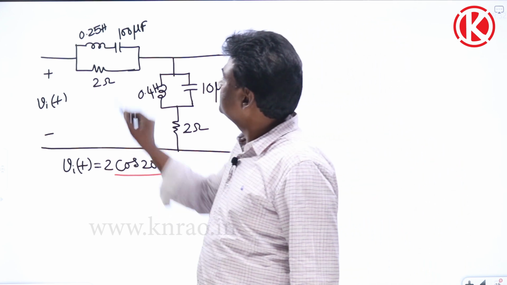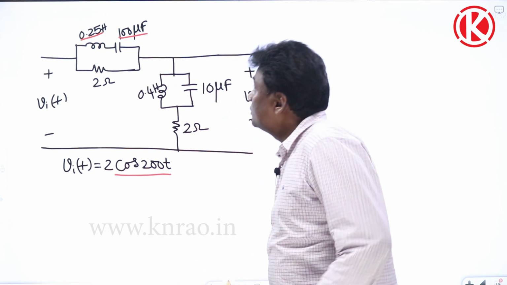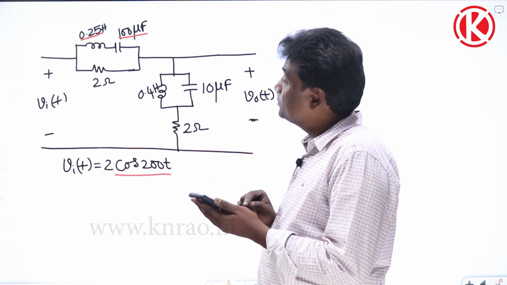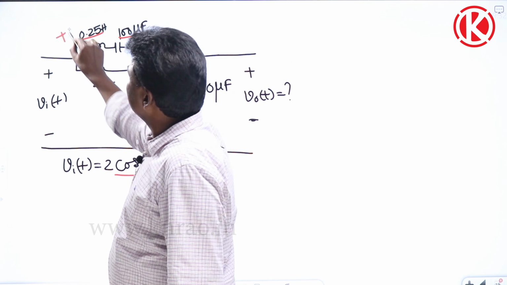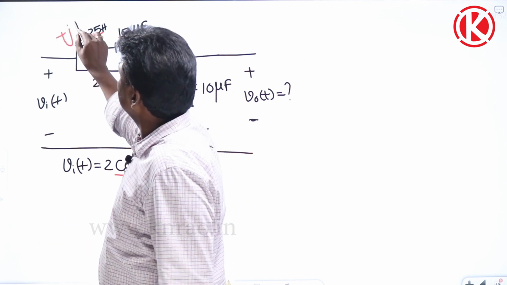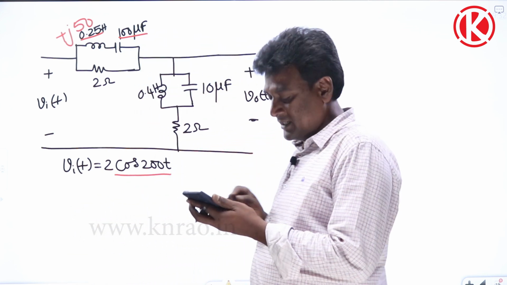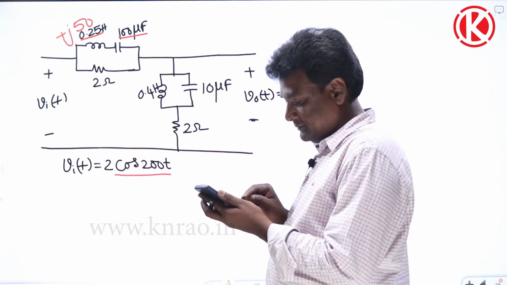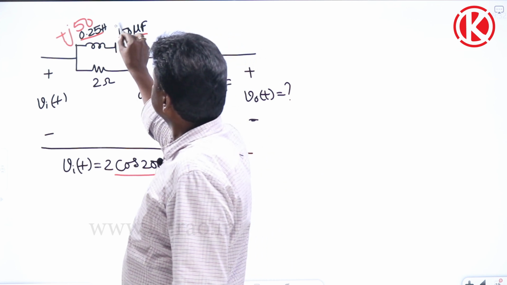Now with the 200, how is this going to behave? 0.25 Henry, omega L, omega equal to 200. So 200 into 0.25 is plus j50, because for inductance plus j will come. And for 100 micro, 1 by omega C gives minus j50.